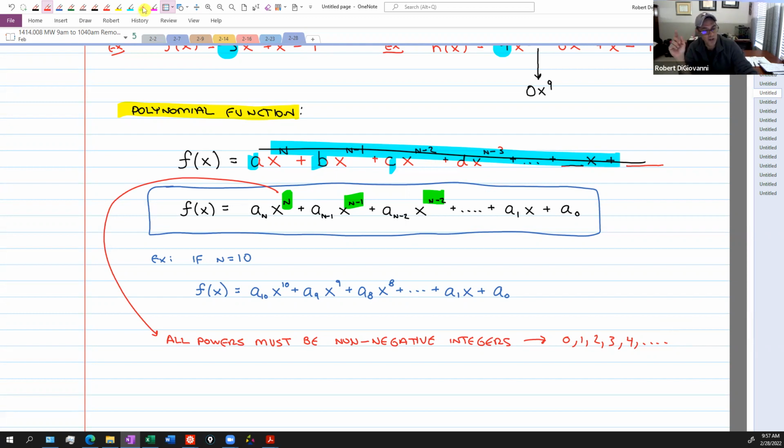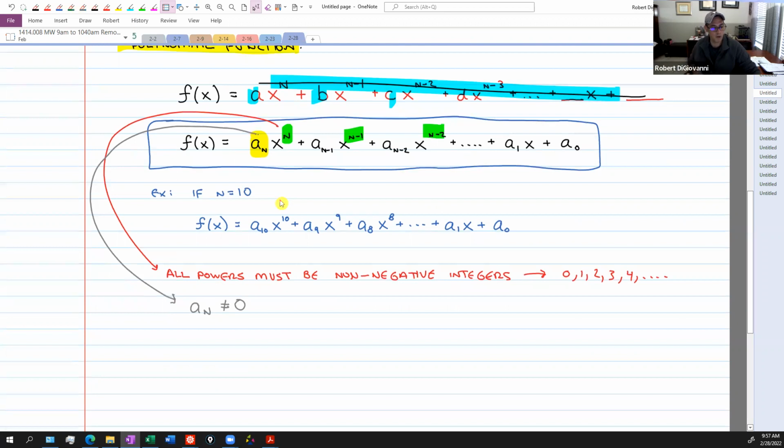The other condition we have, and this one I think is a little more obvious, is that the number in front of the highest power, this number right here, A sub n, cannot be 0. Because if it's 0, then you don't have this, and then you don't have a highest power. That is, this A sub n is called the leading coefficient.